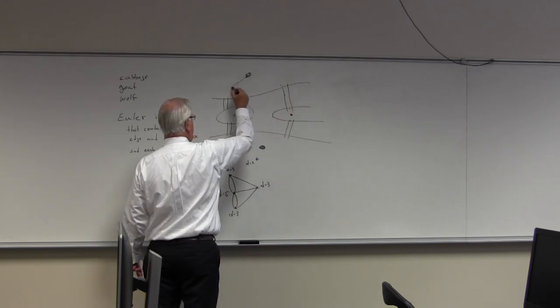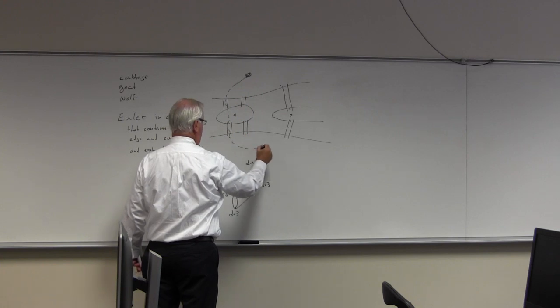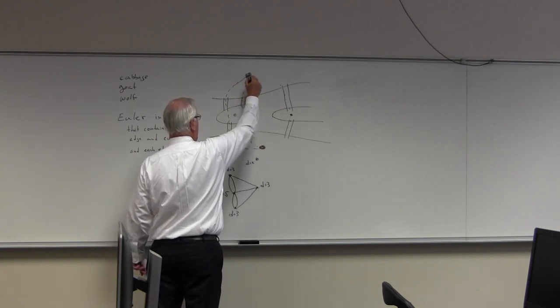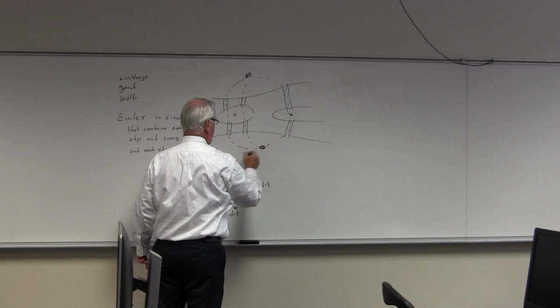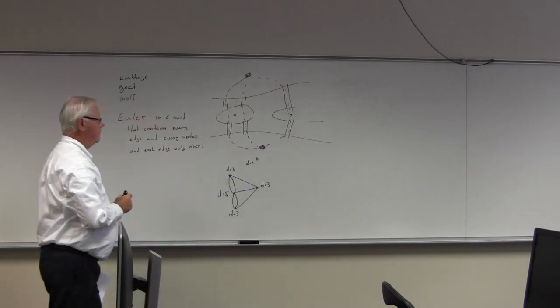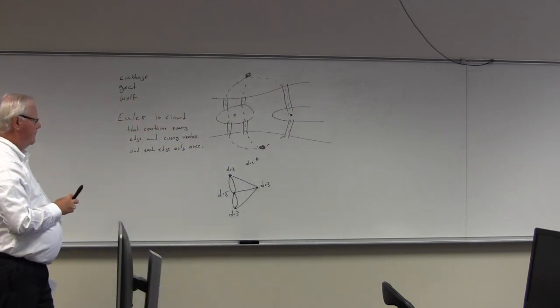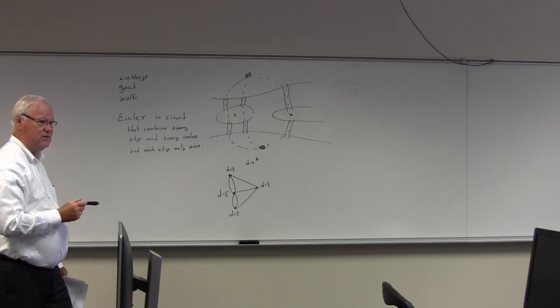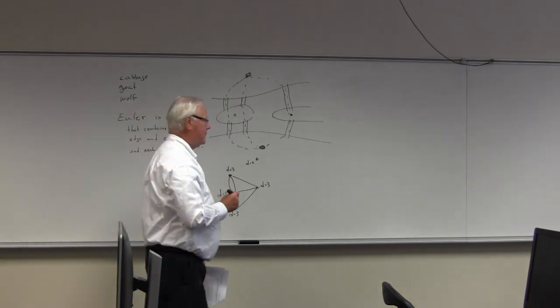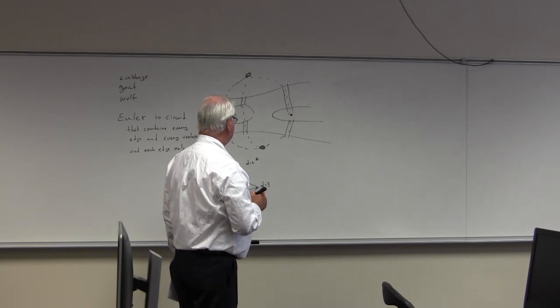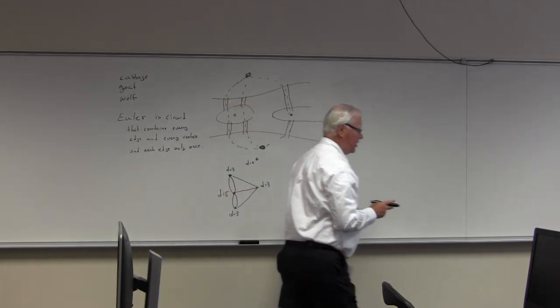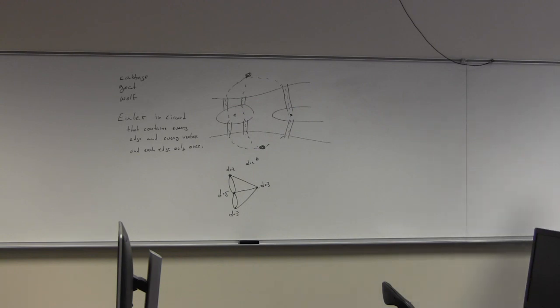So what have I done? That's a circuit, not a cycle, right? That's correct. A cycle is a simple circuit, is what it's called. Okay. All right, so the idea is that you must have 2 odds, but only 2. Can't have more than 2.